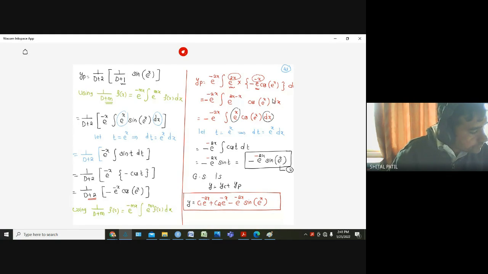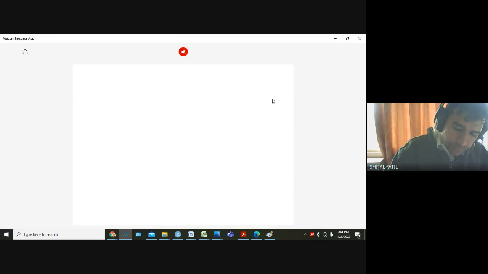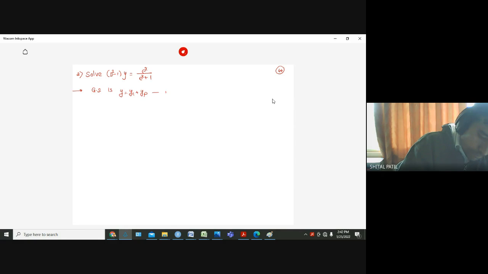Solve. First part is complementary function.